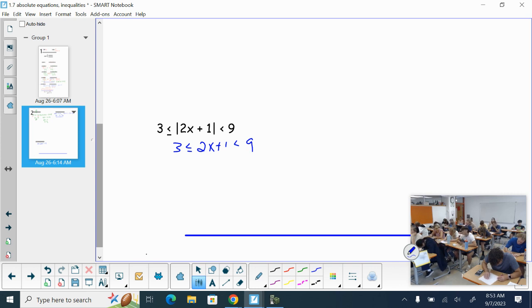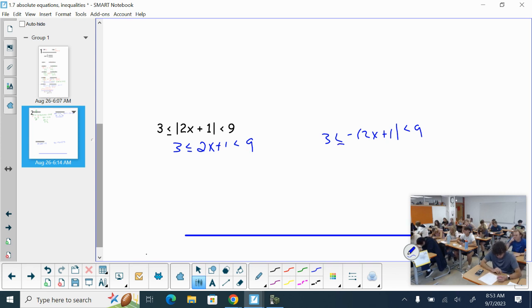If we make this its opposite, we have 3 is less than negative 2x plus 1, which is less than 9.